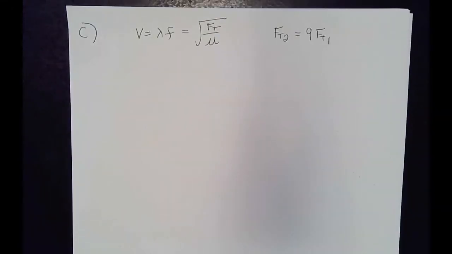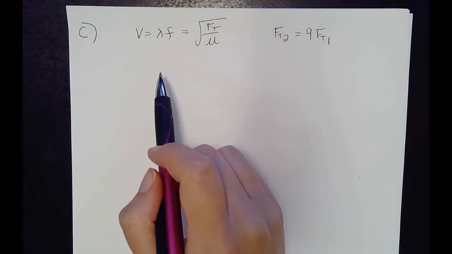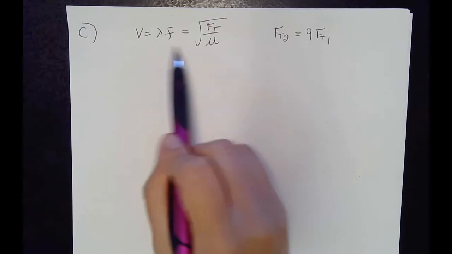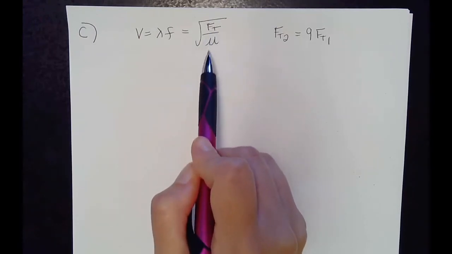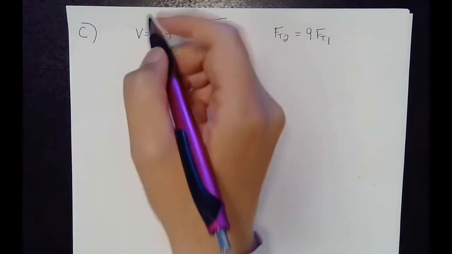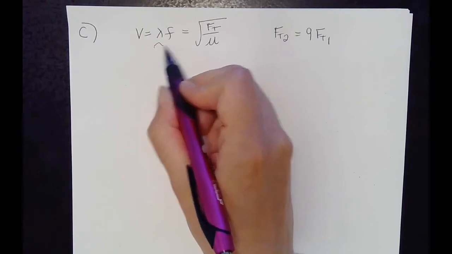Okay, this time we're keeping the frequency constant and increasing the tension by a factor of 9. So let's see how this will change the standing wave pattern. The wave speed will change, of course, and we have v equals lambda f equals the root of F_T over mu. Frequency is constant this time, so what will change then is the wavelength.